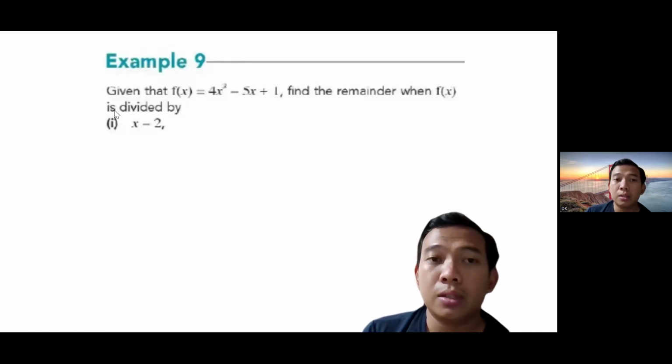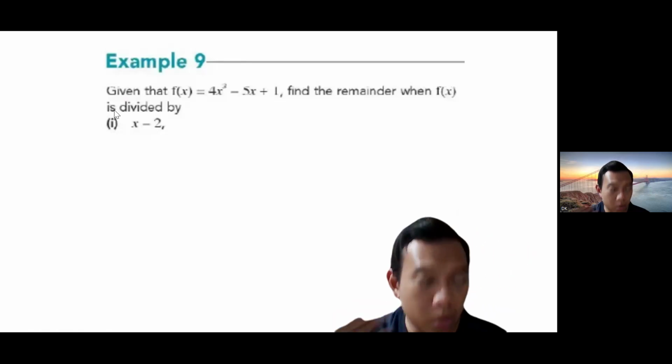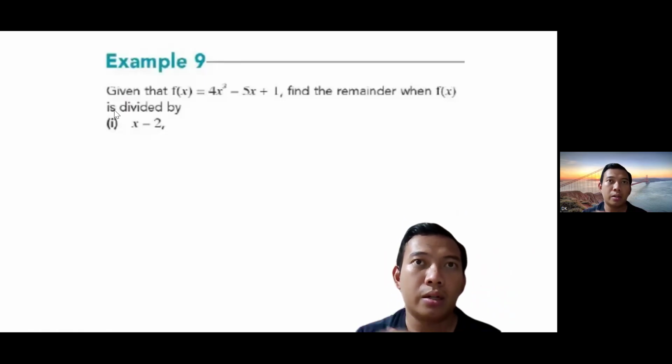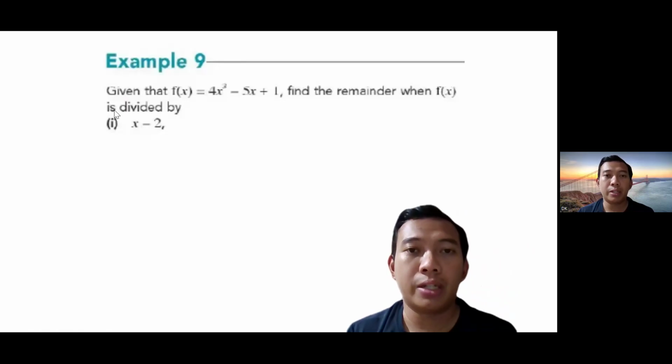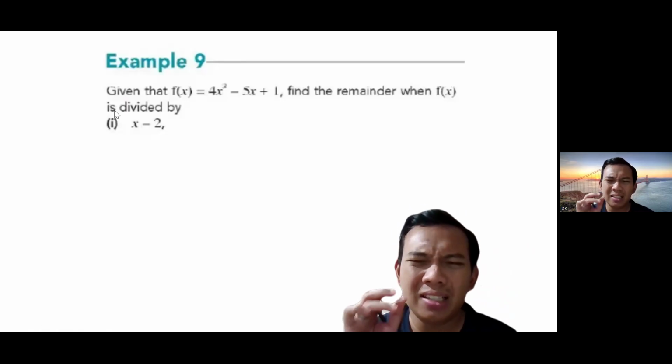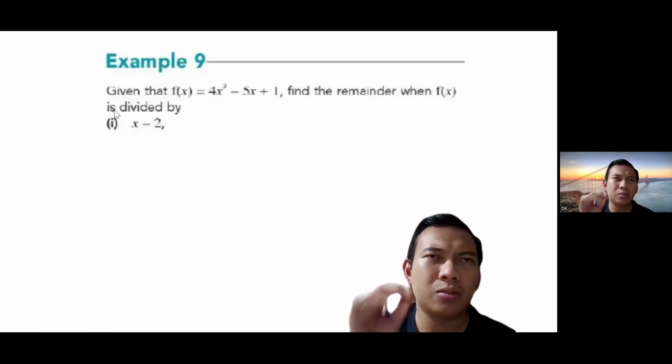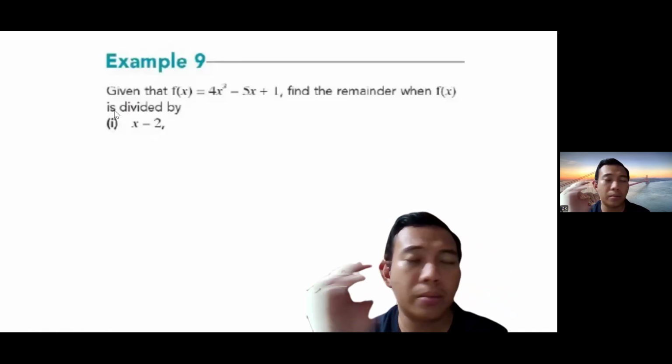Before we go on further, I will uncover another method besides long division that we can use, and it's slightly easier. We can use it for the factor theorem or remainder theorem.